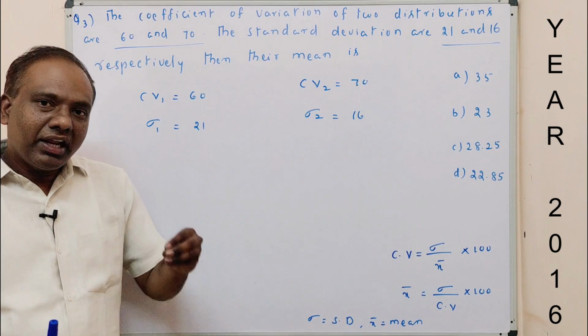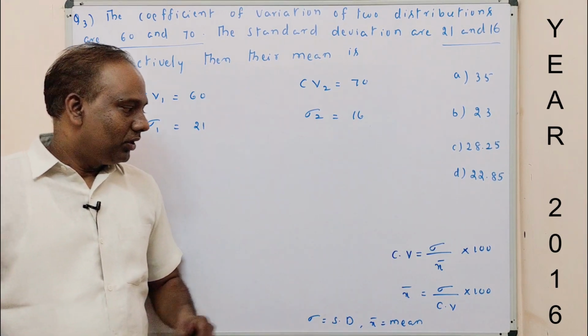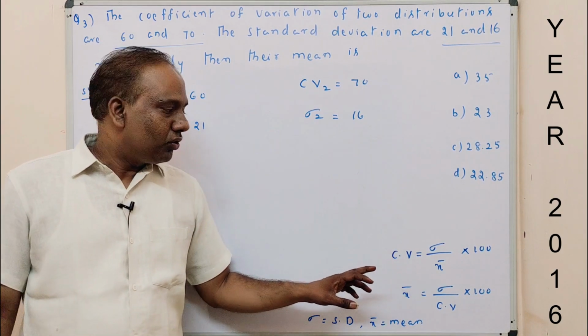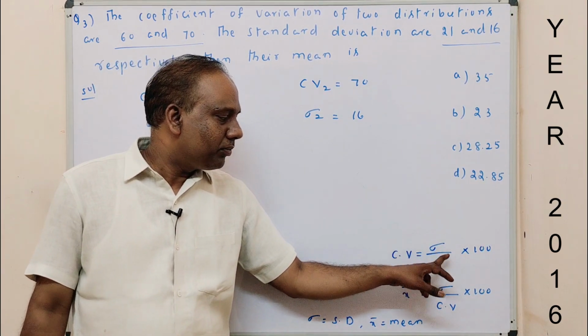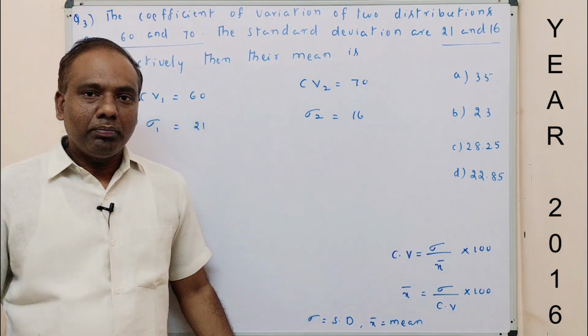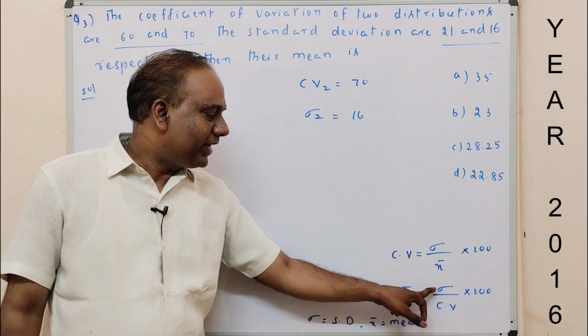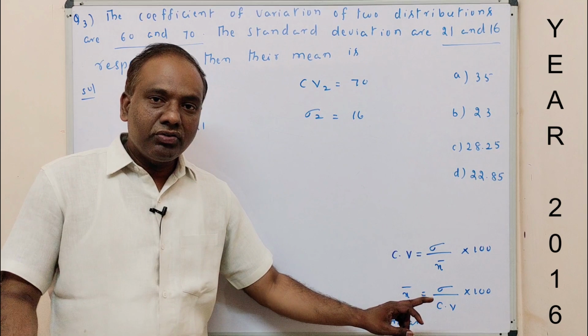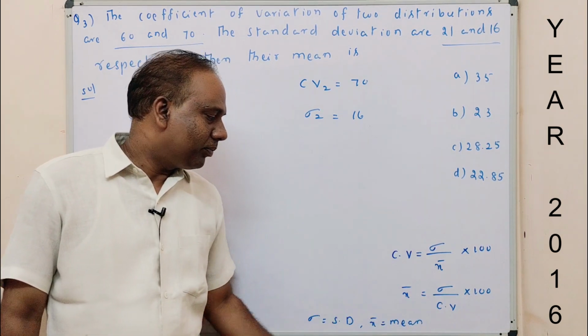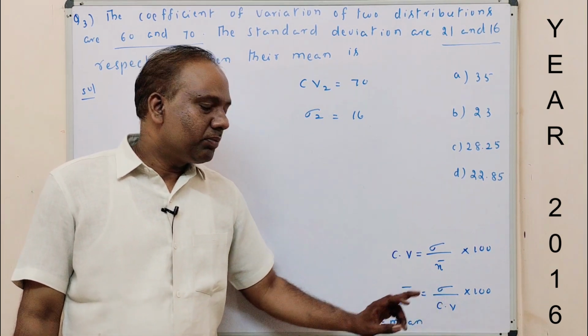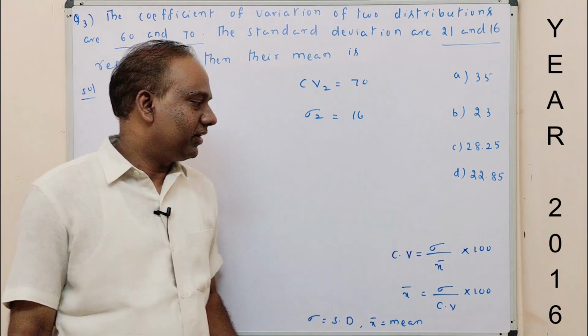So here we calculate the mean. The coefficient of variation formula is standard deviation by mean into 100, but we need the mean here. That's why the mean is equal to standard deviation by coefficient of variation into 100. That means x bar is equal to sigma by CV into 100.